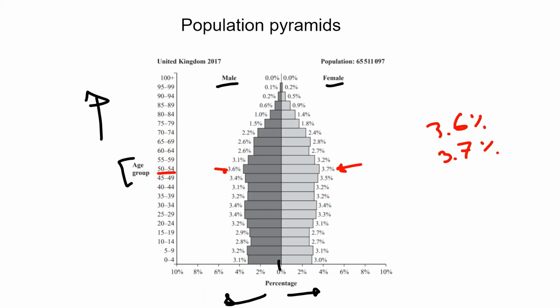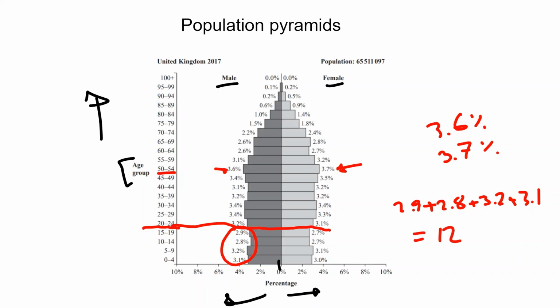Now, if we wanted the total percentage for people 19 and under, we would look at all those percentages underneath and add them up. So for males, for 19 and under, we would add up these values here. That would give us 12, I believe. And for females, we would do the same.